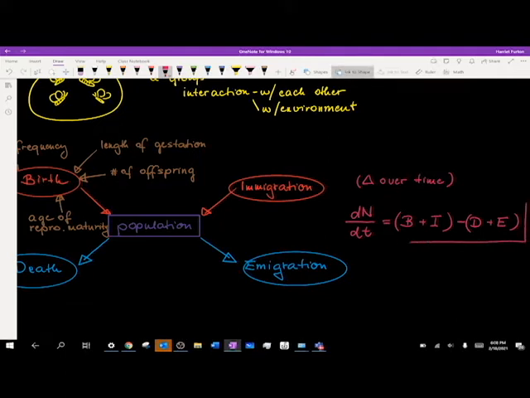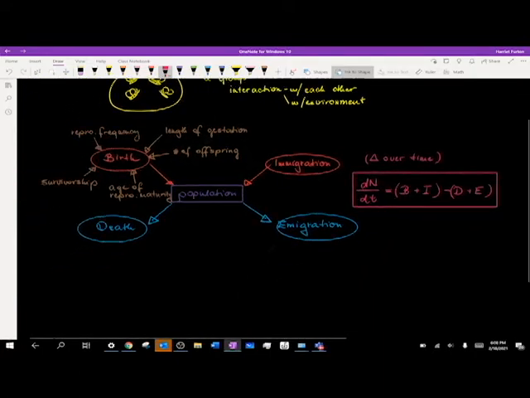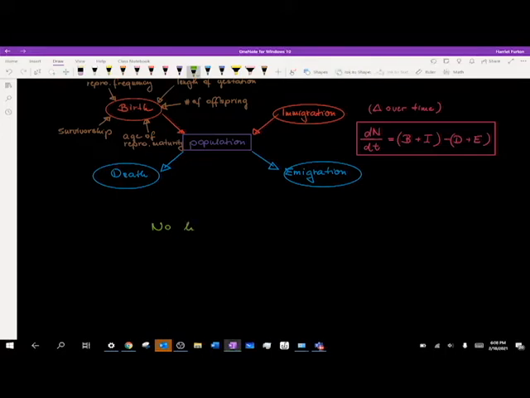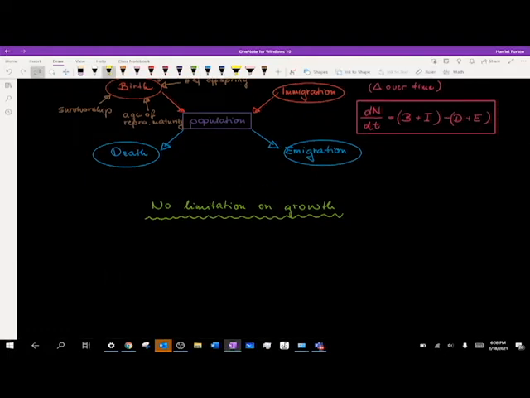Let's focus first on the scenario in which the population does not have any limitations, so the growth is unlimited for that population. Now, the growth rate does not have any limitations.